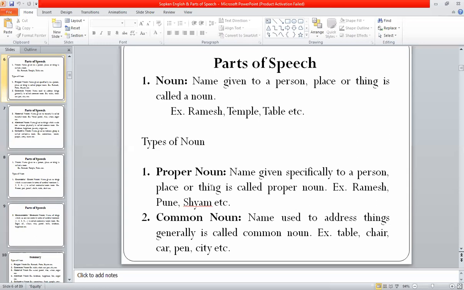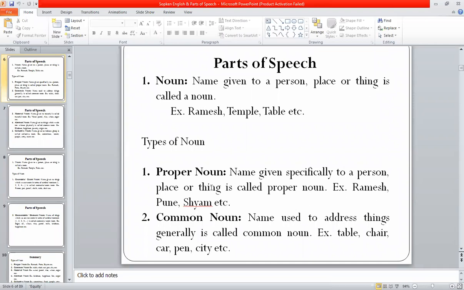Then second comes the common noun. What is a common noun? Let's see its definition. A name used to address things generally is called a common noun. Let's see its definition once again.